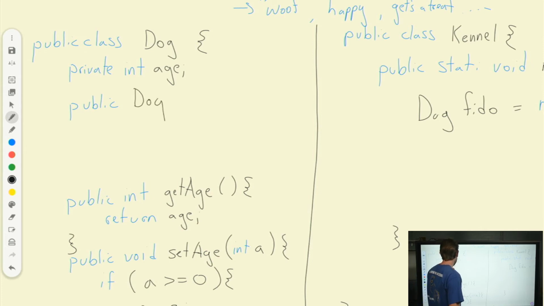Public Dog. And then we're going to have our parentheses just like a method. And in this case, we are going to take in an argument, integer, and we'll call it a for age. So we can take in any arguments we want, just like a regular method.